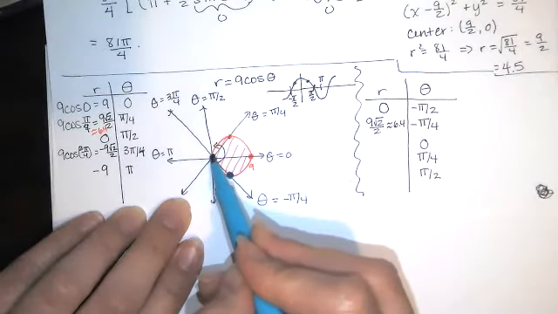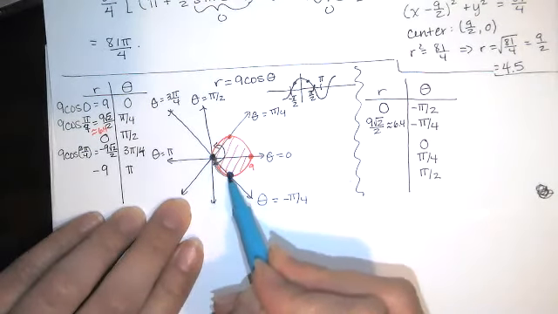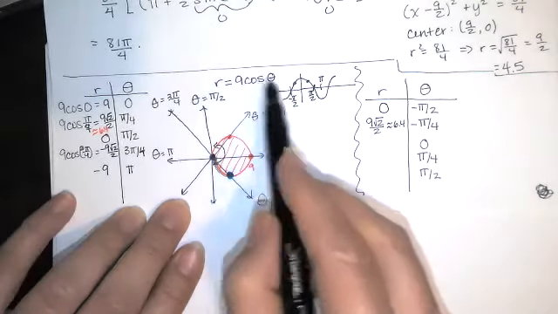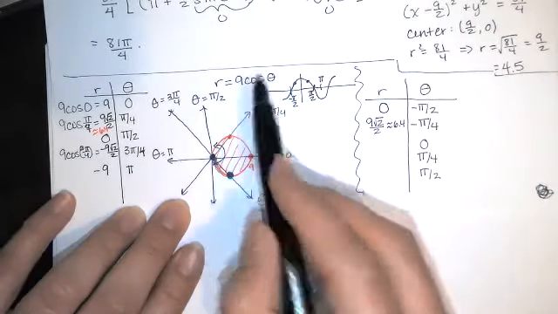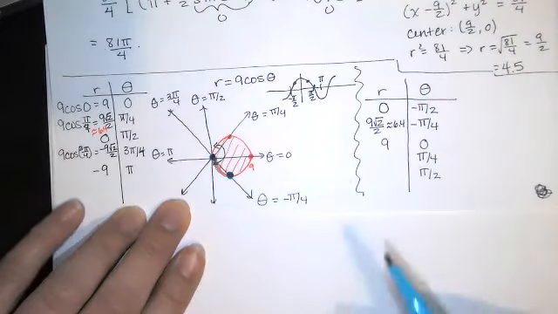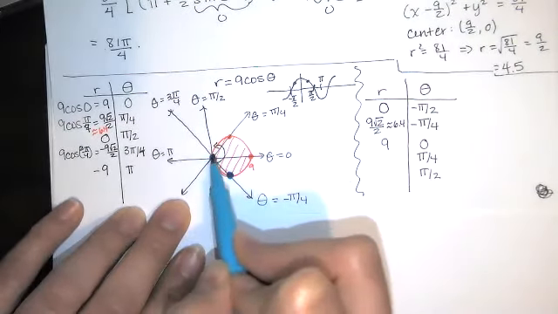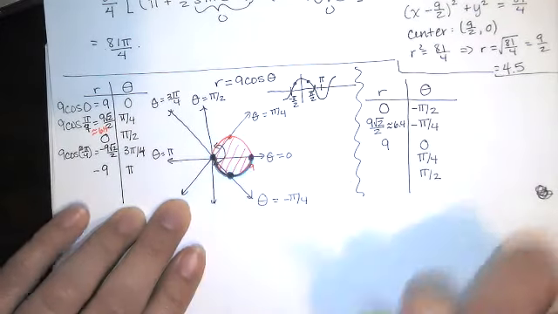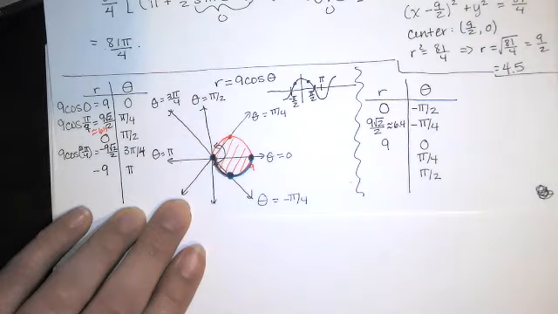So at negative pi over 2, I was here. At negative pi over 4, I'm there. When theta equals 0, cosine of 0 is 1, so I have 9 times 1, which is 9. So I go on the theta equals 0 line, and I go out 9 units. So far I've traced out my circle this way.